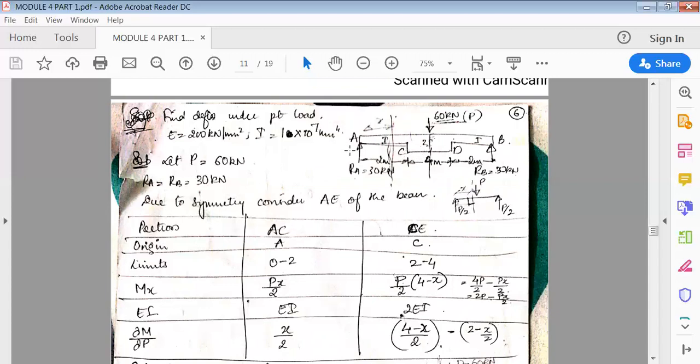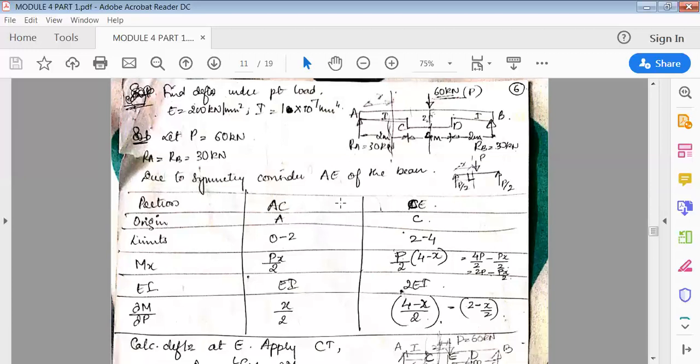Origin of AC is A, origin of CE is C. Because I'm just cutting the section here, the origin remains this. It's not a complete beam. If it was a complete beam, then the origin would be this end, that is origin C. Okay, then I'll cut this portion here.